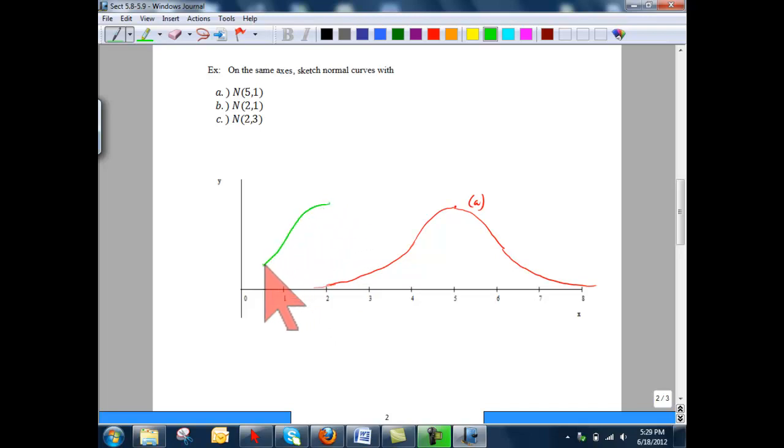So a curve something like this, and this is B. And then C, mean 2 and standard deviation 3. So the peak is at 2, but now the standard deviation is 3, and so the change in concavity from concave down to concave up doesn't happen until way out at 5, and then in the other direction down 3 takes me back to -1. So this curve is going to be a lot more spread out.